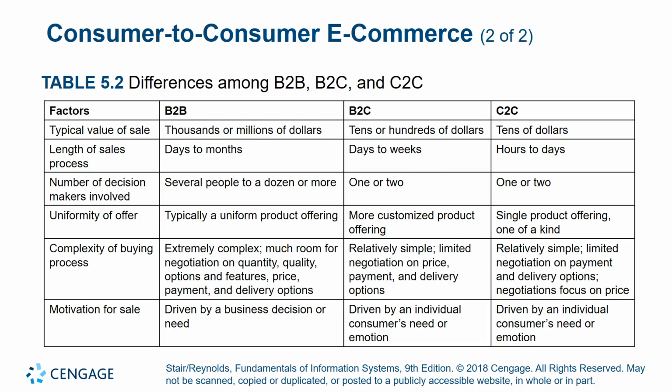So this chart really tells us a little bit about it. So the value of the sales tend to go down. So business to business, it may be thousands or millions of dollars that we're talking about. So that's Walmart buying Procter & Gamble soaps, that kind of size.